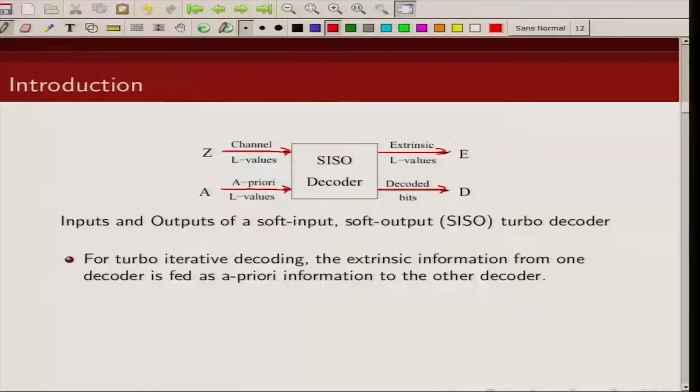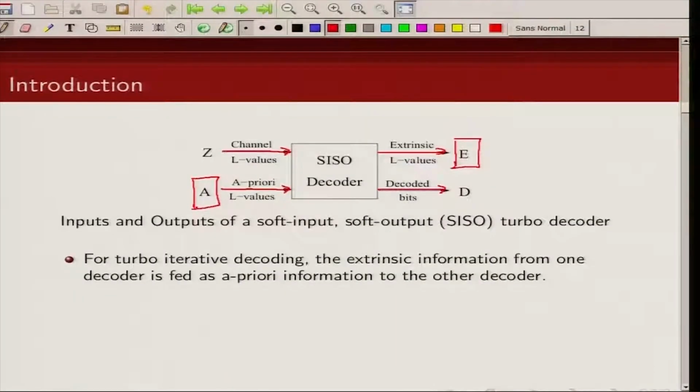So, this is the heart of a turbo decoder. There are two such soft input, soft output decoders, and for a particular signal to noise ratio, if you look at the turbo decoder as a function of iteration, you will notice the only things changing with iteration are the extrinsic value and the a priori value. Initially you do not have any estimate of the a priori value; you assume the bits are equally likely to be 0 and 1, but subsequently with iteration, the extrinsic values generated are passed on as a priori values.